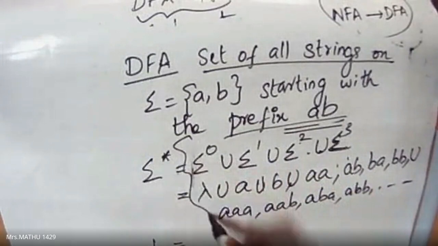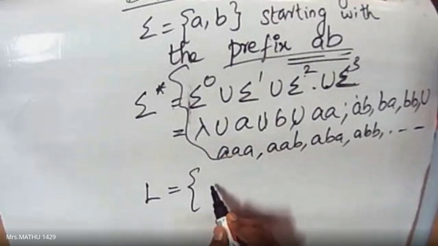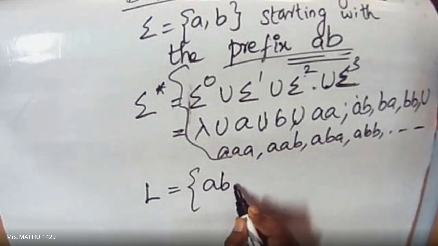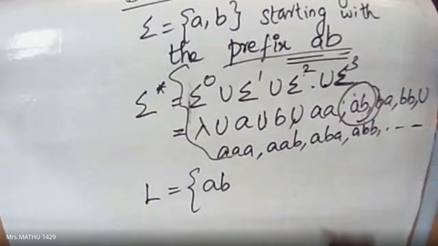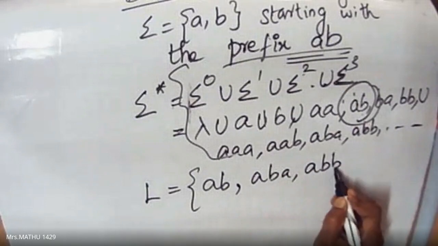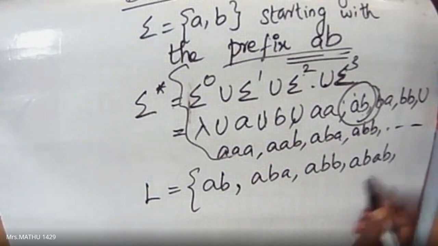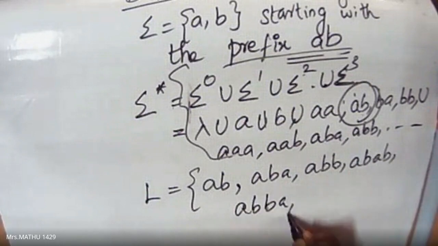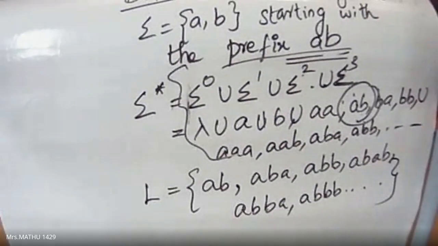Here you have several choices, but what is required? This language should contain only the strings which have the prefix AB. So AB can be a string, you can take this string itself. It is starting with the prefix AB, and you can have ABA, ABB, then ABBA, ABBBB, so on.